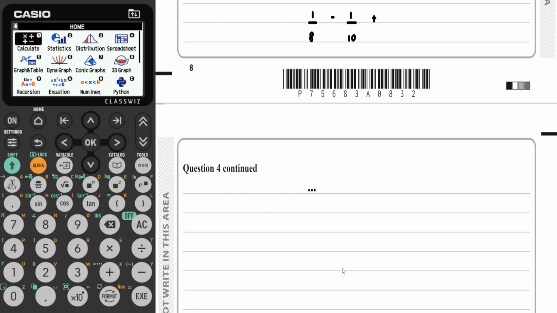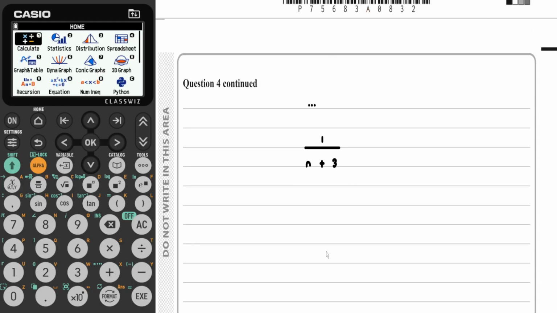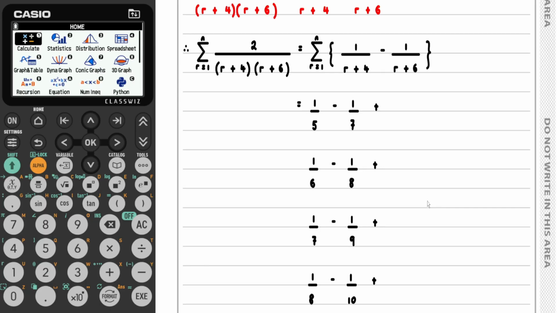We now need to work out the (n-1)th term and then the nth term. When I substitute in r equals n-1, I've got 1 over n-1+4, that's 1 over n+3.